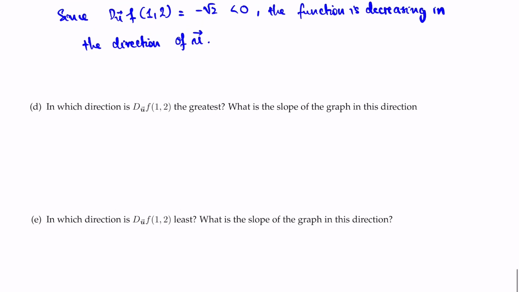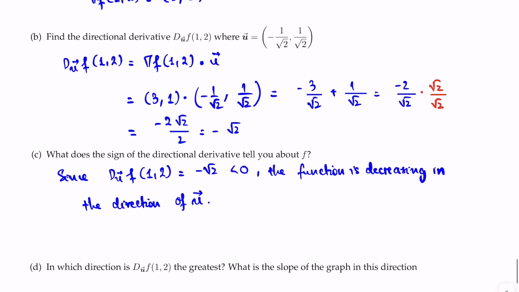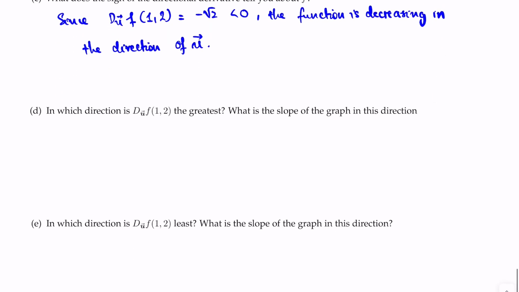So the unit vector u I just mentioned has nothing to do with the unit vector u right here. Okay, so now in that case, what you do is you need to find the gradient vector at point (1, 2), which we did in part A, and to find the direction in which the directional derivative is the greatest, you just normalize the gradient vector.